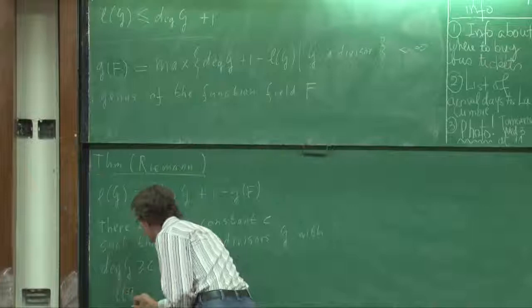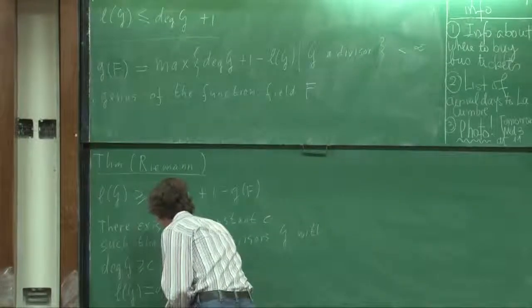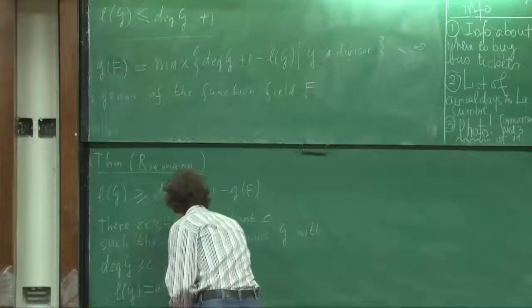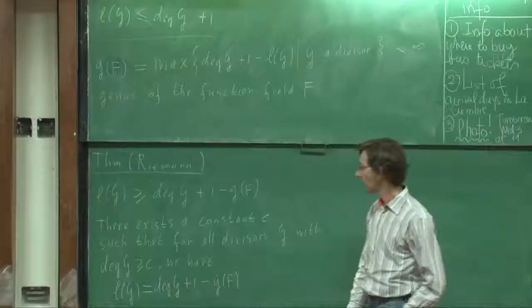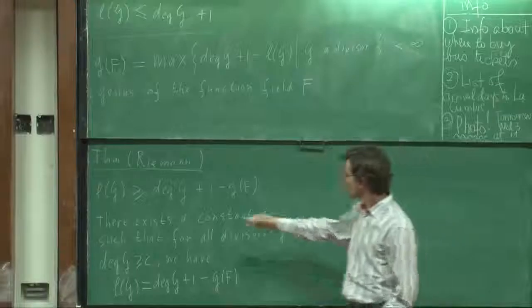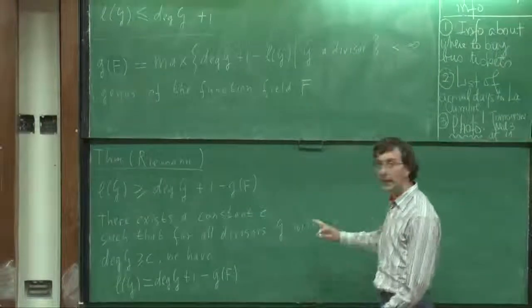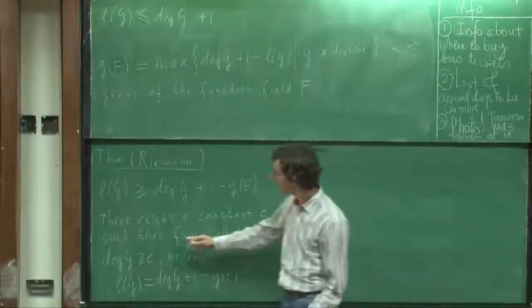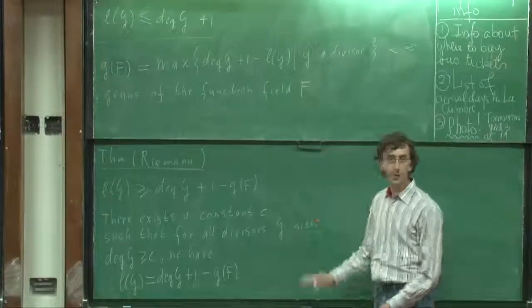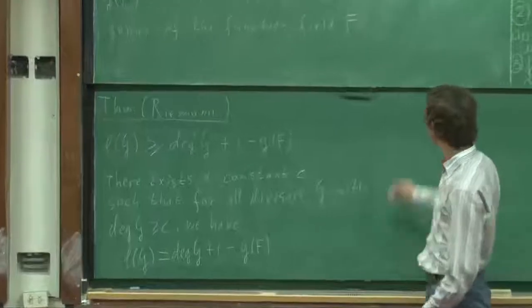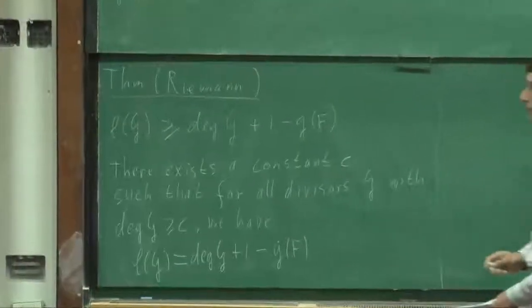So this L of G is actually equal to this expression. And that is the real content of Riemann's theorem here. So not only do we have an inequality, but for any divisor of large enough degree, we have equality. So this constant C only depends on the function field, not on the choice of divisor.